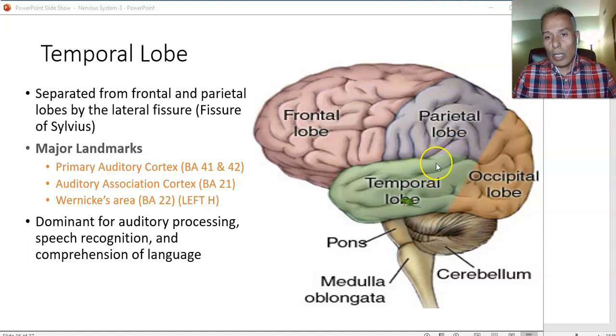So this is an area here, 22. Then the auditory association cortex is in the middle temporal gyrus.